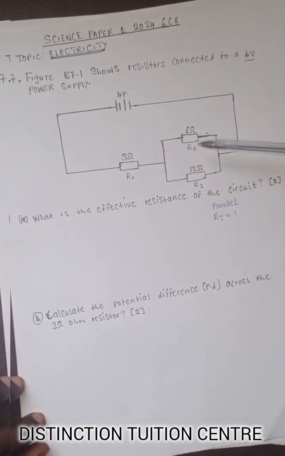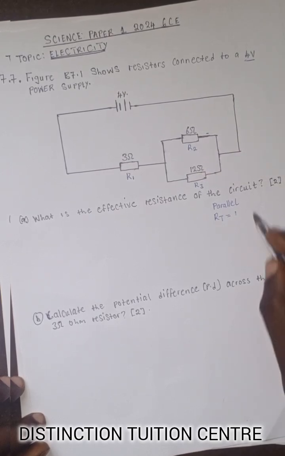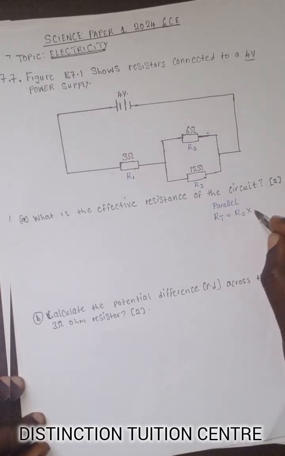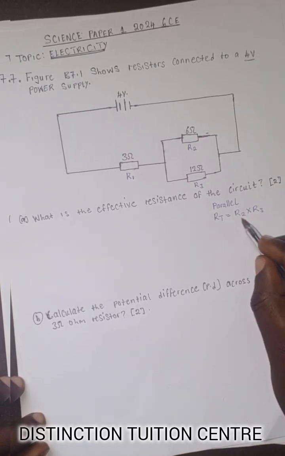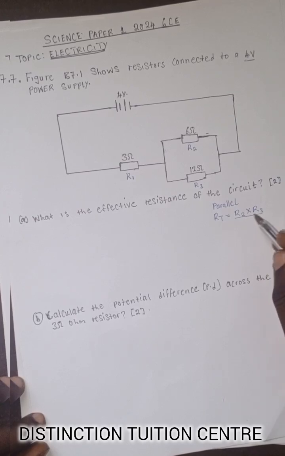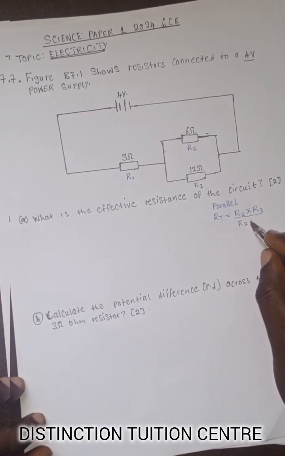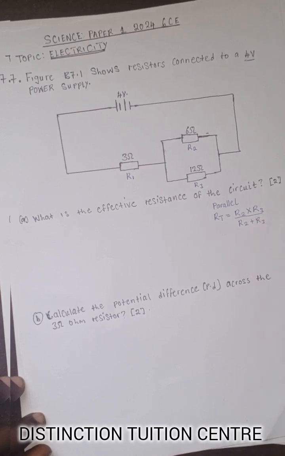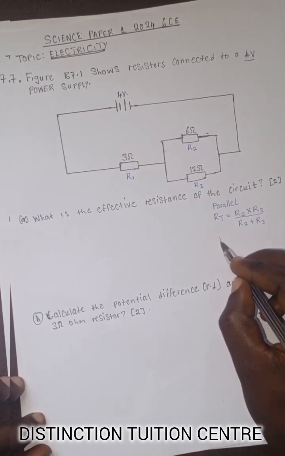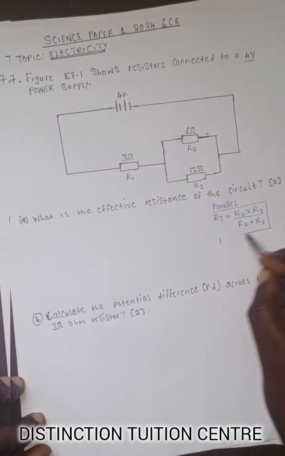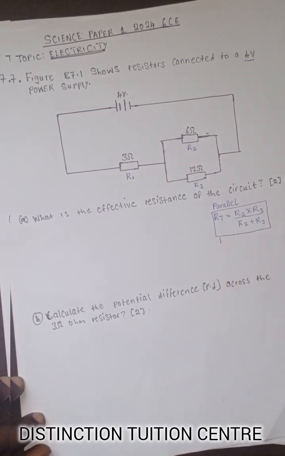In this case, the 6 and the 12 resistors are connected in parallel, so we say R2 multiplied by R3, then divide by the sum of the same 2 resistors, R2 plus R3. This formula gives us the total resistance for the resistors connected in parallel.